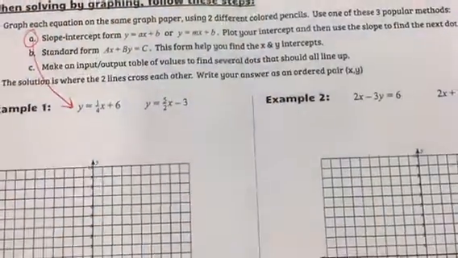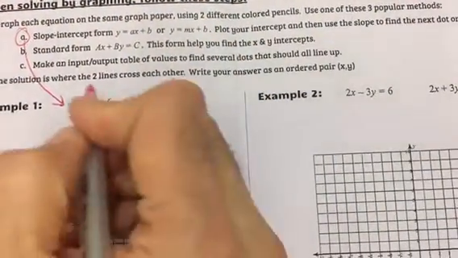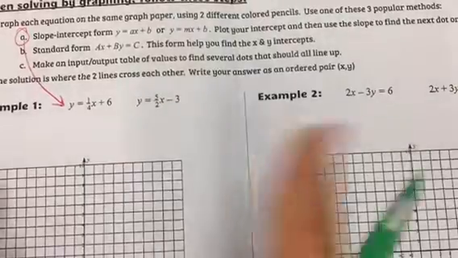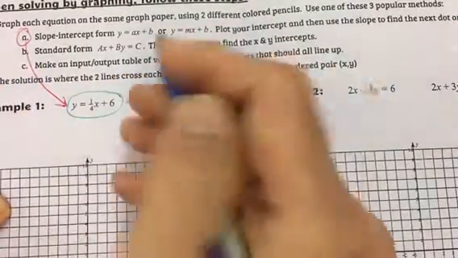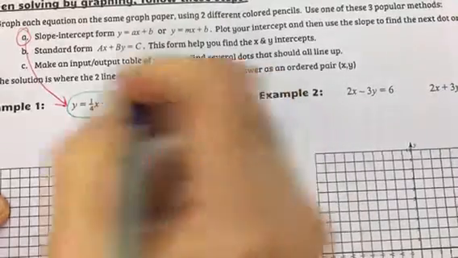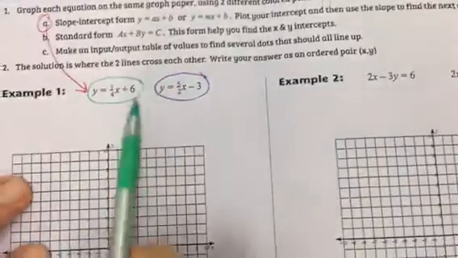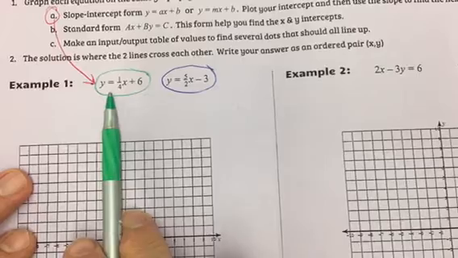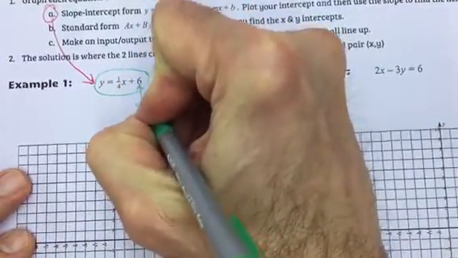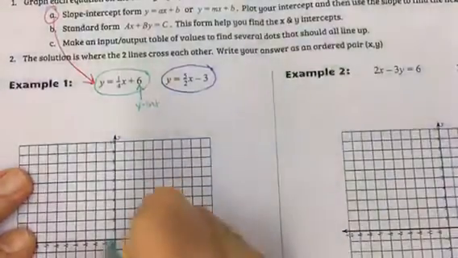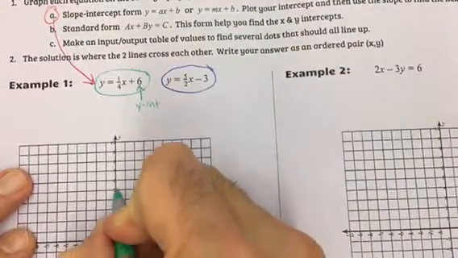This is slope-intercept. All right, I'm going to choose the color green and color blue. I'll do the green one first. My y-intercept is here. That starts me off at 6. 1, 2, 3, 4, 5, 6.